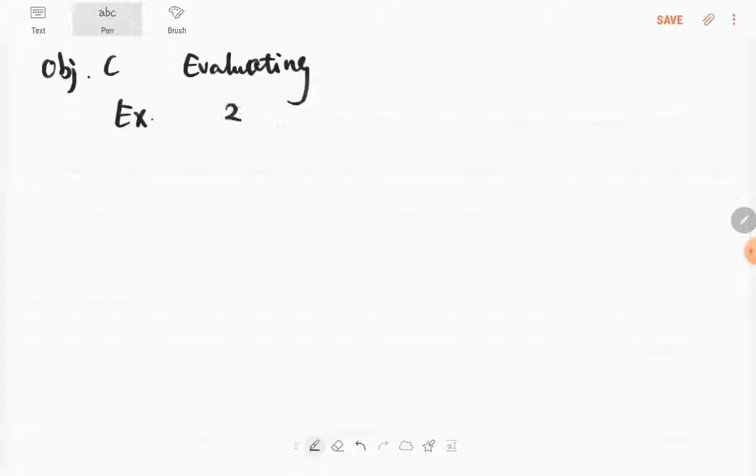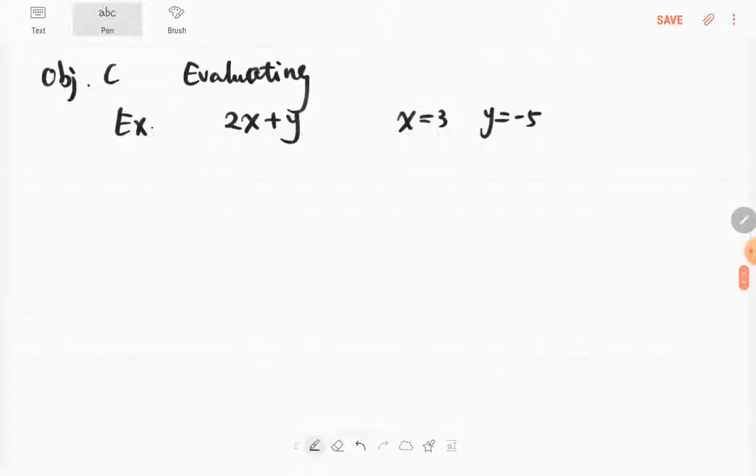So if we have 2x plus y, it's just an expression, not an equation. But when x is equal to 3 and y is equal to negative 5, we want to evaluate this expression.